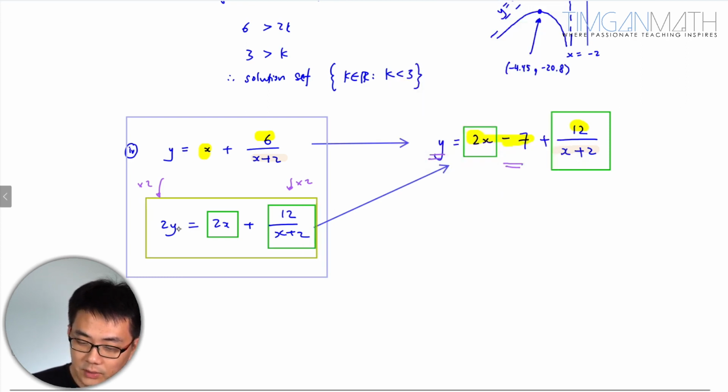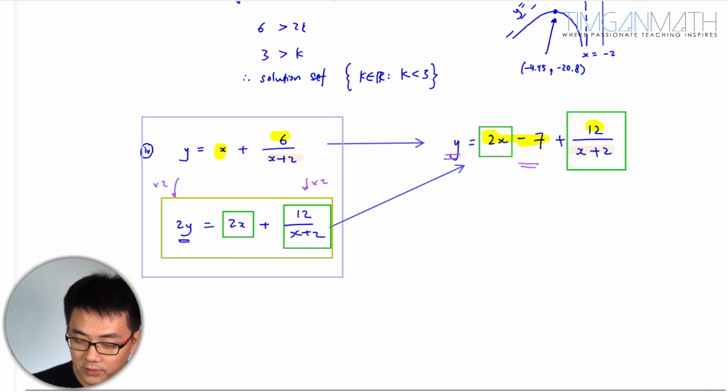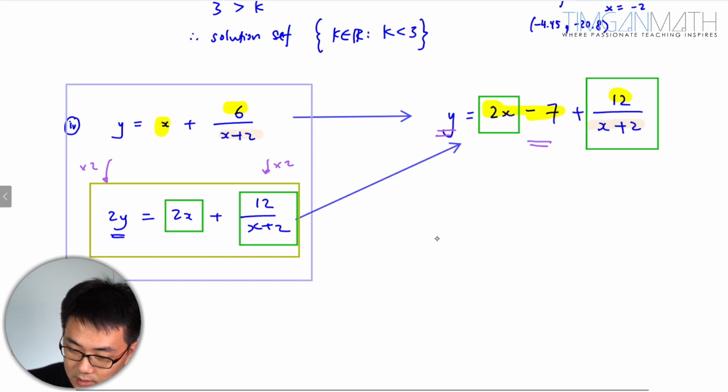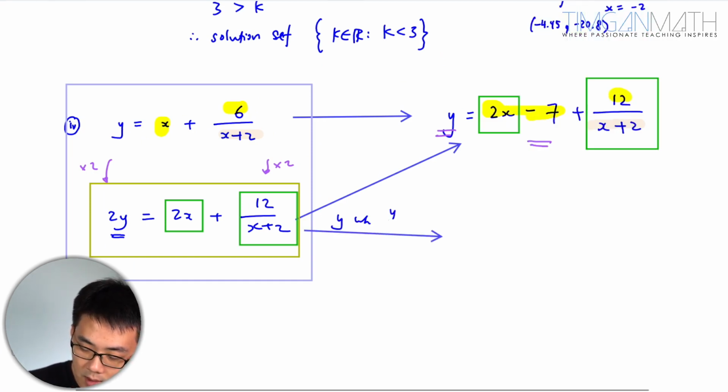So I will settle the 2y. I'll make this into y first because if not, it's very difficult. So from here, what I'm going to do is replace y with y over 2. Then this will be 2y times y over 2. It will be y equals 2x plus 12 over x plus 2.